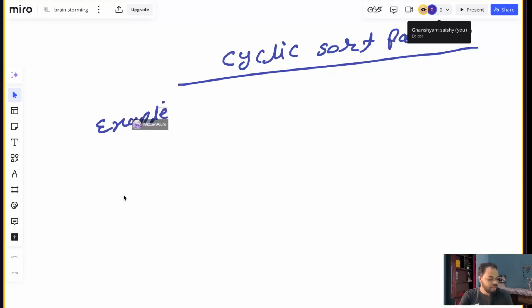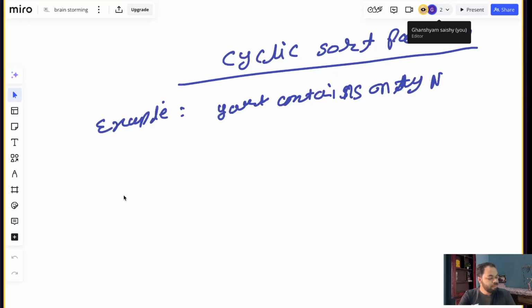For example, suppose you have a list of numbers, and your array contains only numbers from 1 to n.